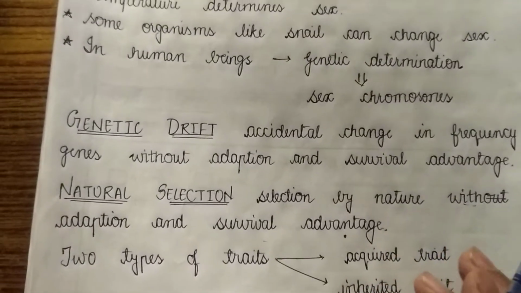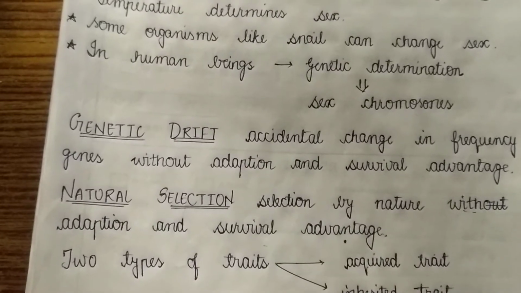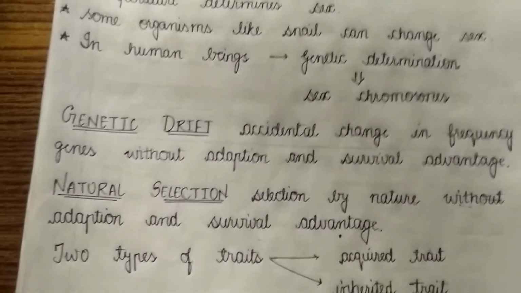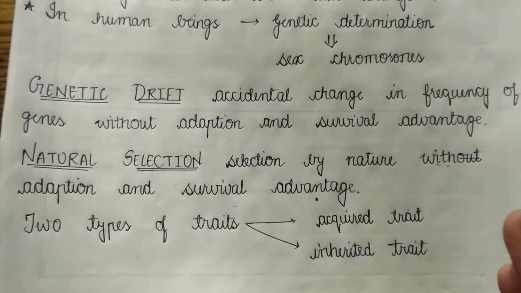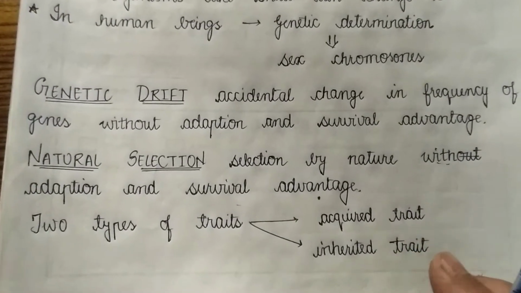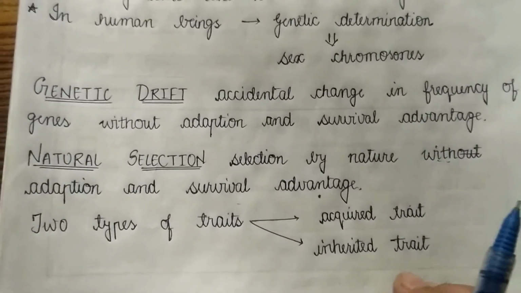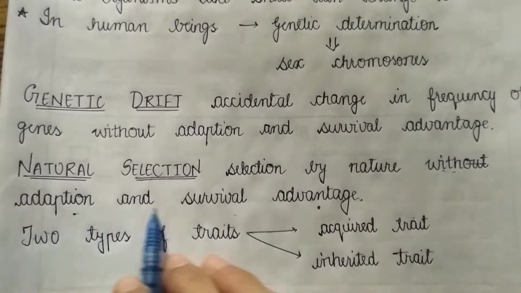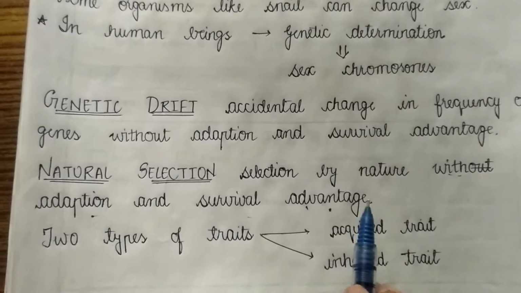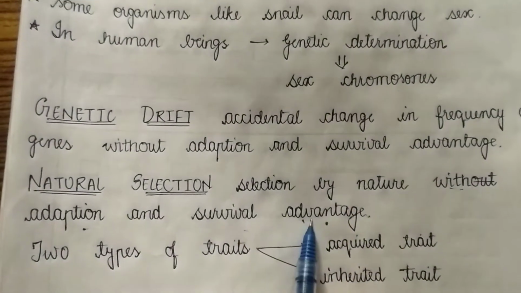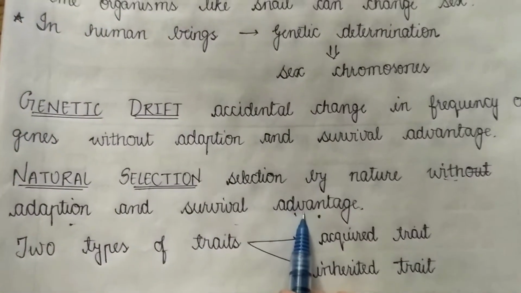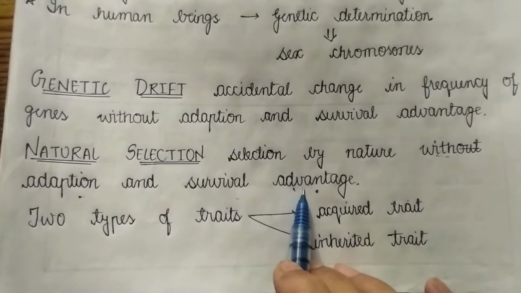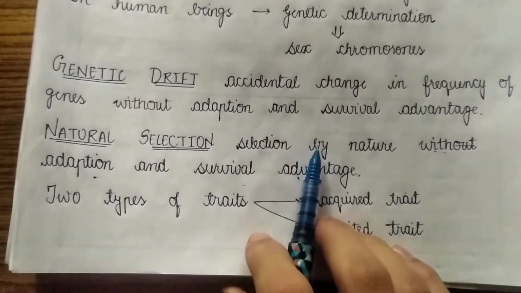The background of a leaf is green, so the green beetles cannot be seen from far away, and a bird came and ate all the red beetles. So the population of red beetles decreased, and this is why it is said that the red beetles do not have adaptation and survival advantage, but the green beetles have the adaptation and survival advantage since they are green and the background of the leaf is also green, so the birds cannot see them from far away.